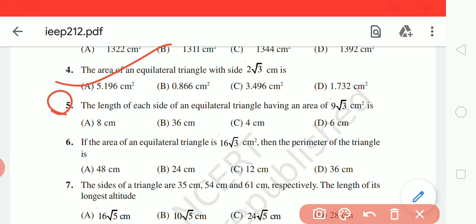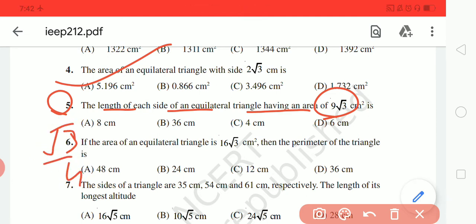Now come to question number 5. The area of an equilateral triangle is given as 9 root 3 centimeter square, right? And we have to find the length of the side. We know that the area is root 3 by 4 a square. We are given 9 root 3. So let us solve.